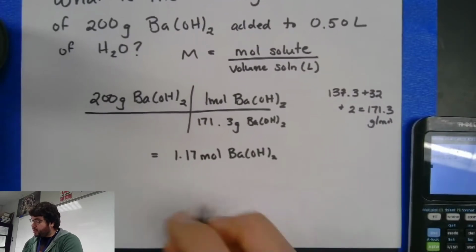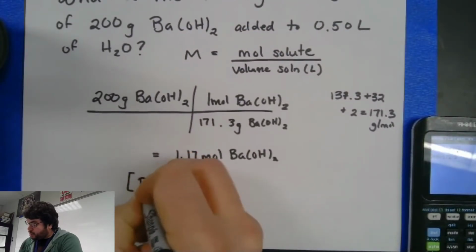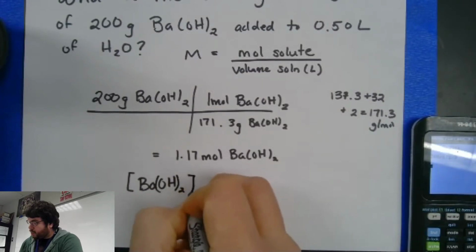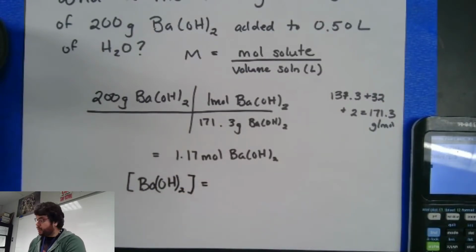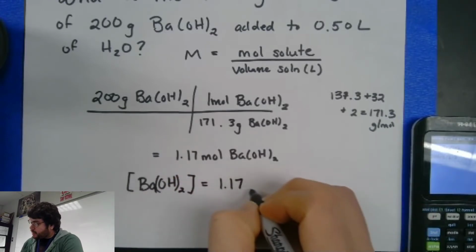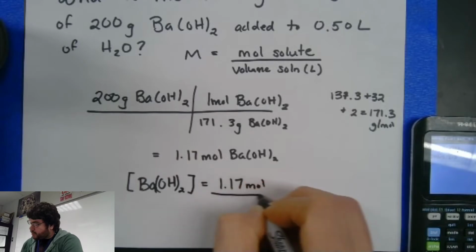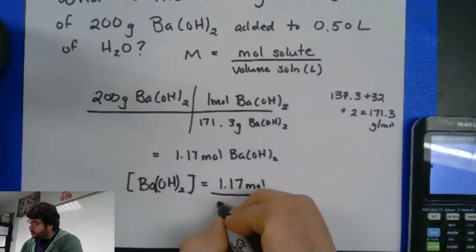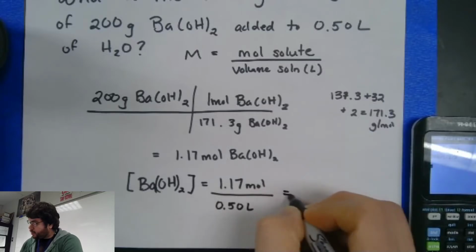And so the molar concentration of barium hydroxide, I'm going to write it like this, is equal to 1.17 moles divided by the volume of our solution, which is 0.5 liters.